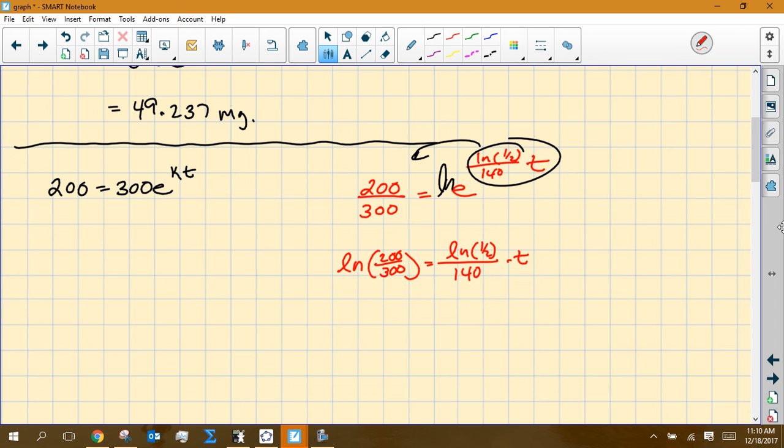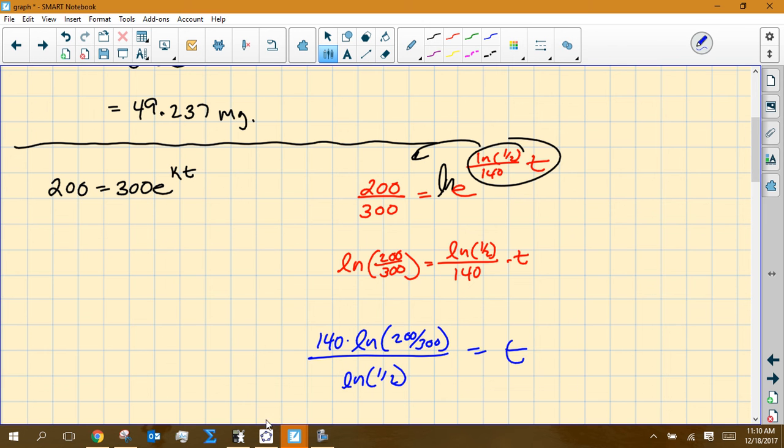But now it makes this question multiplied by the reciprocal. I get 140 times ln of 200 300ths over ln of 1/2, and that should give me my t value.